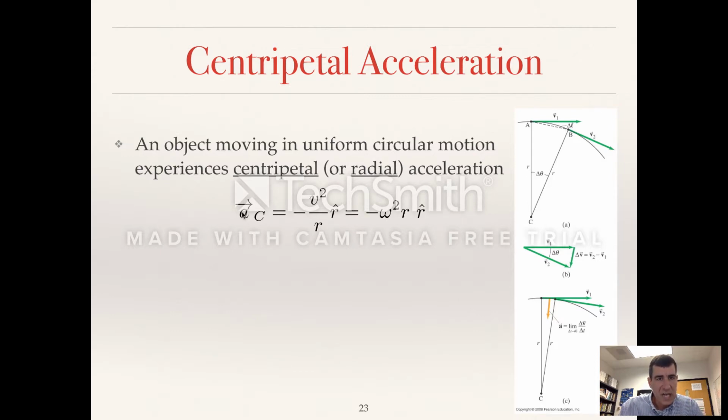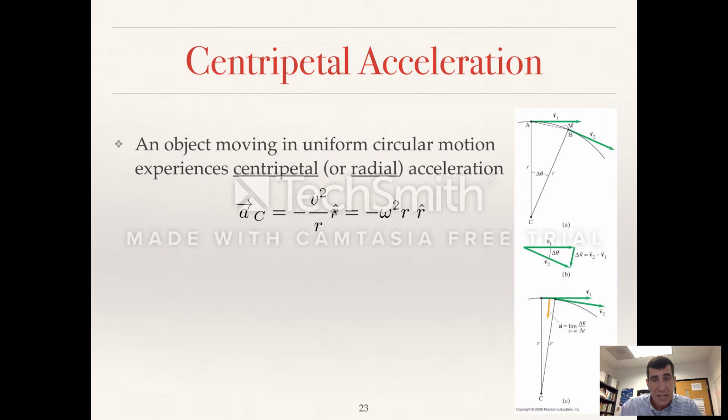We're going to use an a sub c for centripetal acceleration. Some books use an a sub r for radial acceleration also. And if you do some geometry with similar triangles over here, you can show that the magnitude of this is the speed squared divided by the radius.